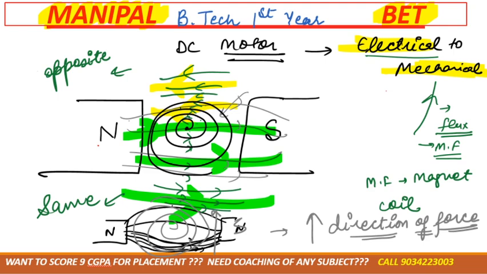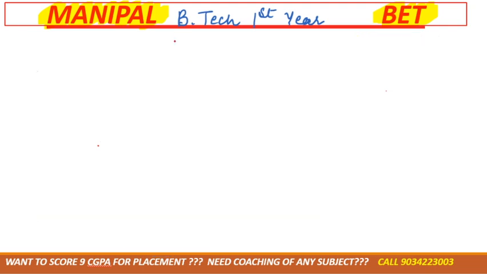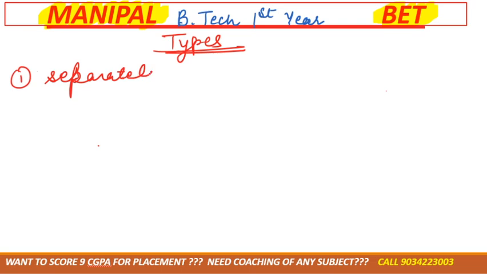Understood? Next are the types. There are many types. The first type is the separately excited DC motor.